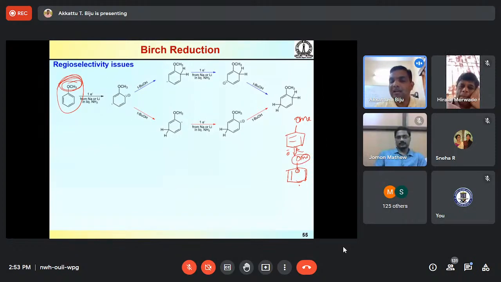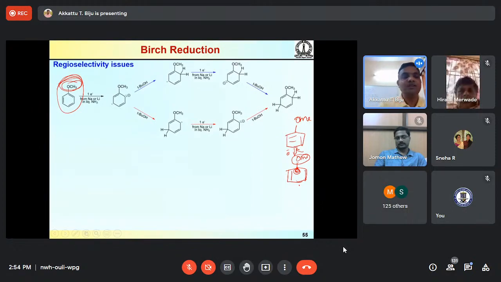and the carbon carrying that electron releasing group has a negative charge, it will be highly unstable, because the electron releasing nature of this OMe will increase the electron density of this carbon, thus destabilizing it. So if we have this type of electron releasing group on the benzene ring, the electron addition will take place in such a way that the negative charge is not on the carbon bearing the electron releasing group.